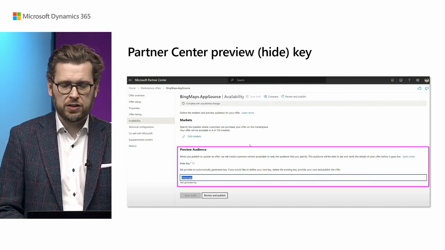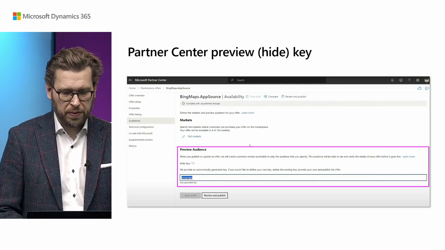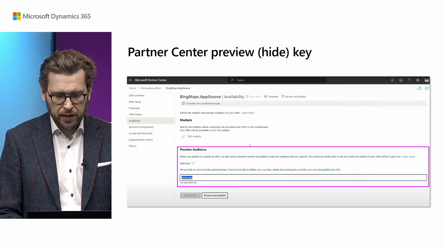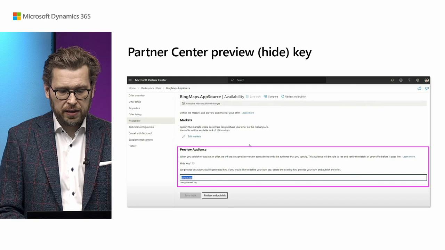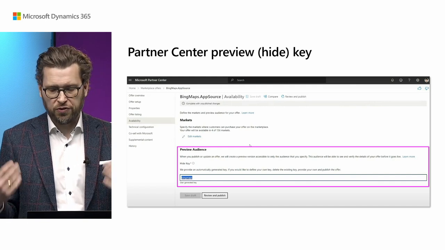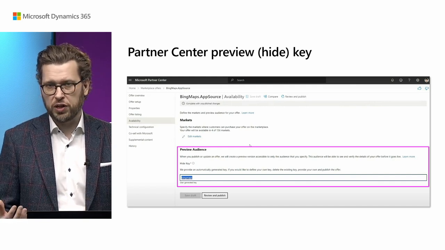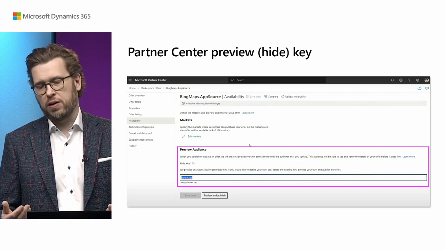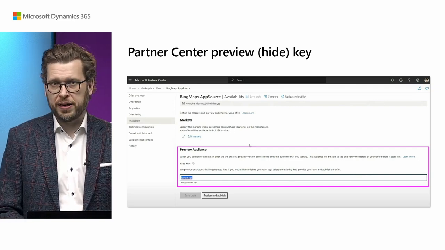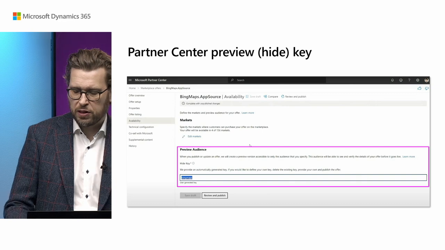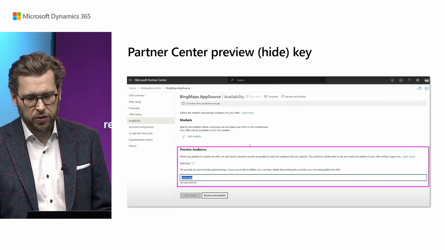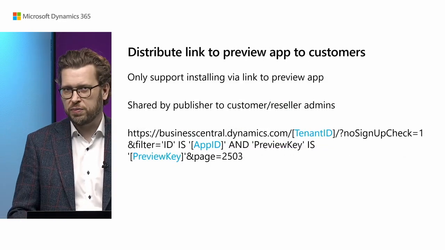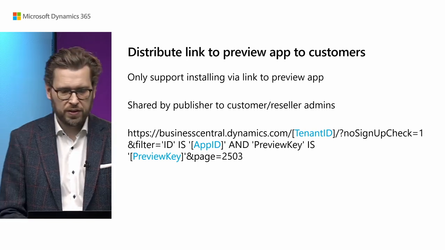Now in Partner Center on your app, in this case we have the Bing Apps sample, under the preview audience you can define yourself a preview key. But if you don't do that, one will be generated by the system, so that's basically always going to be a preview key. But probably you want to have something that is humanly readable.